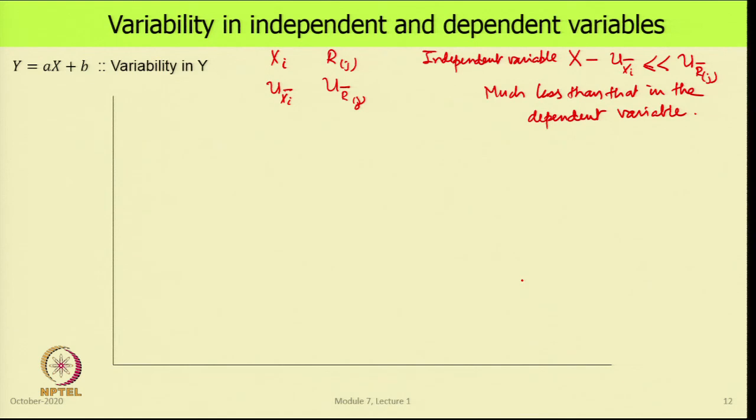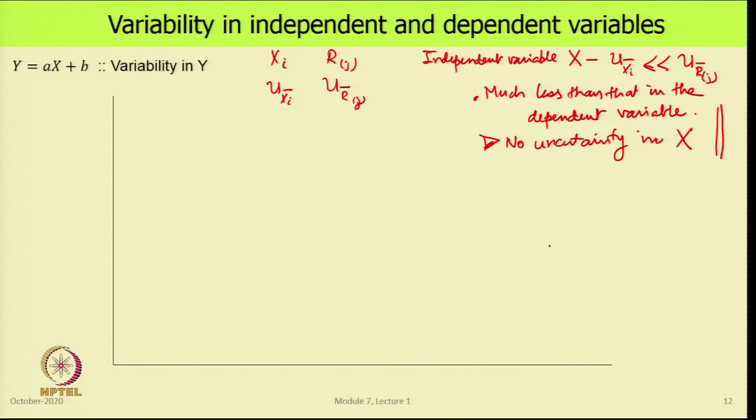And what it means is that in the limiting case, we could even say that there is no uncertainty or no error in the independent variable x. So, this is one assumption we make. One more, that uncertainty in x is negligible and in any case practically very much less than uncertainty in the dependent variable.